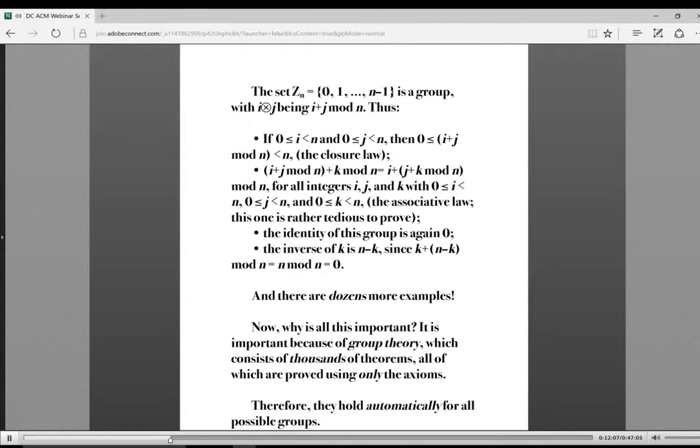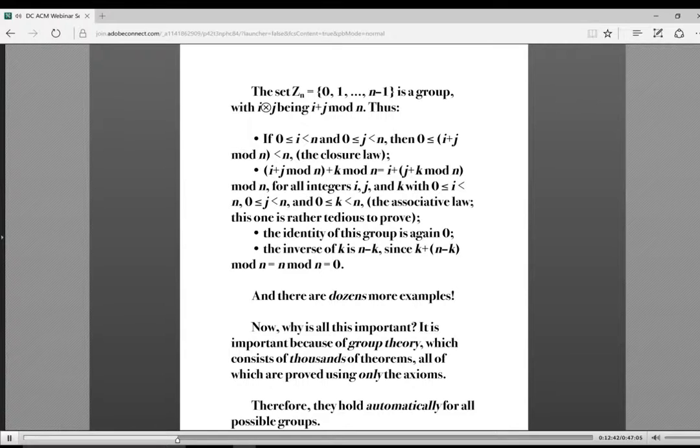Here we go. The set Z sub n, which is the set of the numbers 0, 1, 2, 3, 4, and so forth, up through n minus 1, that set is a group with i circle j being i plus j mod n. Thus, number 1, if i and j are in that range between 0 and n minus 1, then i plus j mod n is also in that range between 0 and n minus 1.